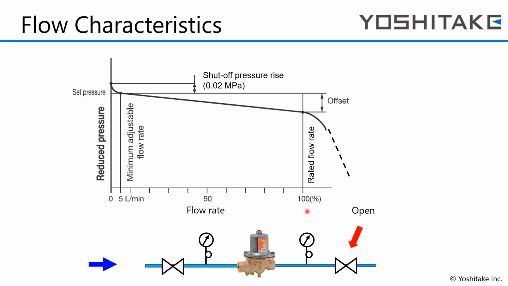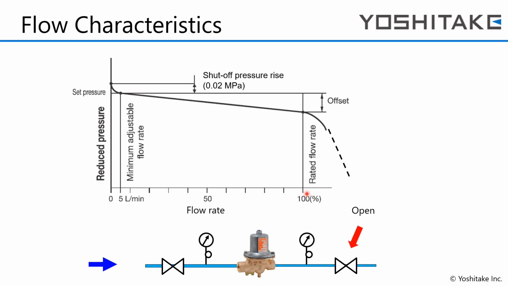If the pressure drop suddenly occurs, it is a difficult area to perform the pressure adjustment function as a pressure reducing valve. So it is necessary to draw a line of performance before that. The line here is the rated flow rate.